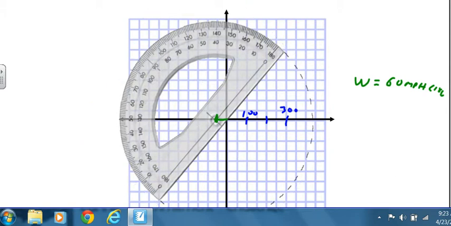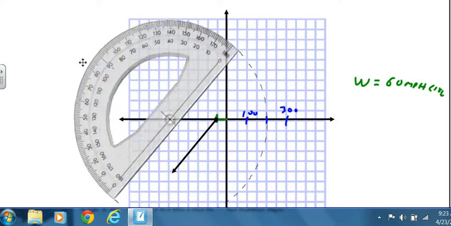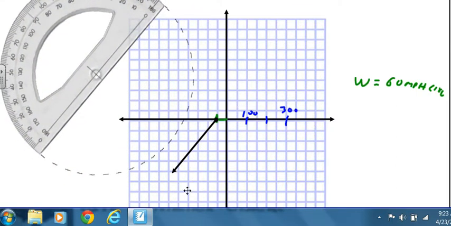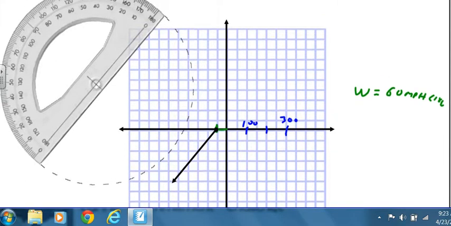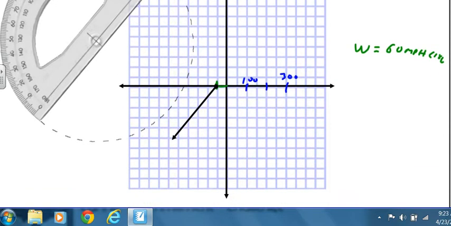So my plane's coming out this way some distance. Probably further than that. All right, so we're gonna move this guy out of the way, and then we're gonna say, okay, I gotta come out 300. How am I gonna do that? All right, I'll do it with my finger.